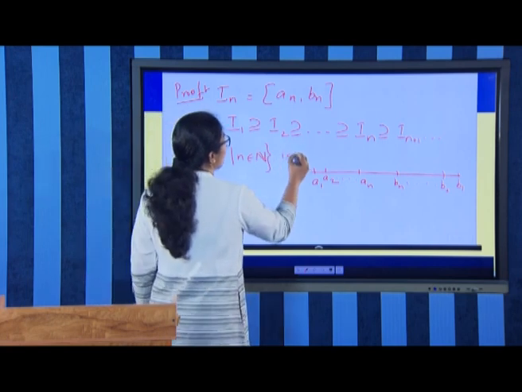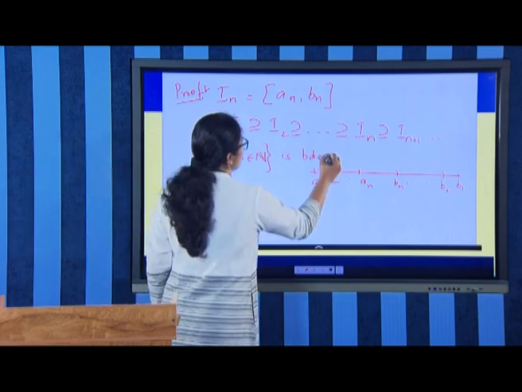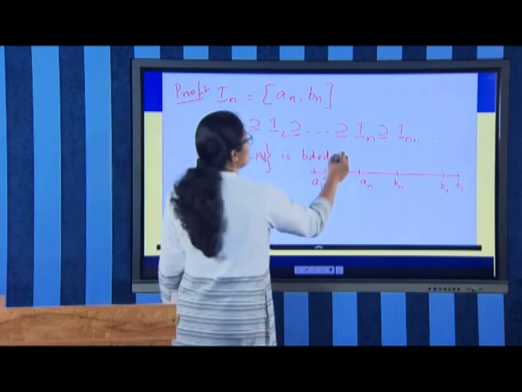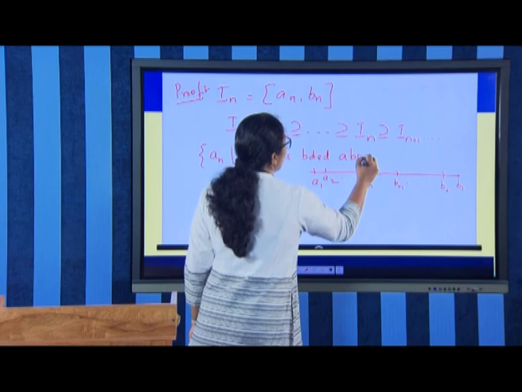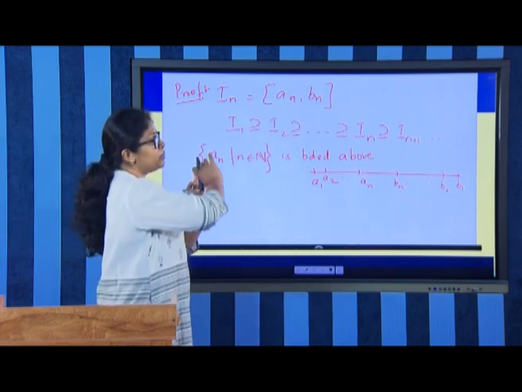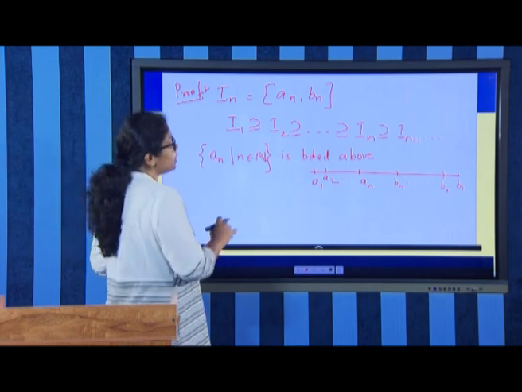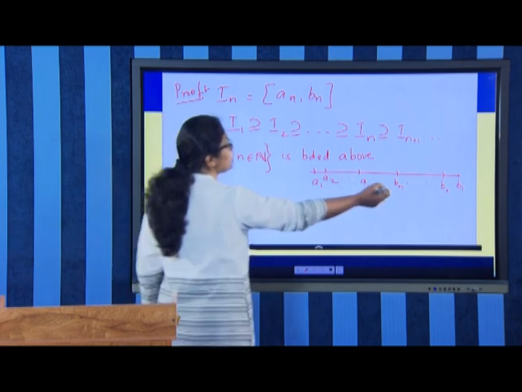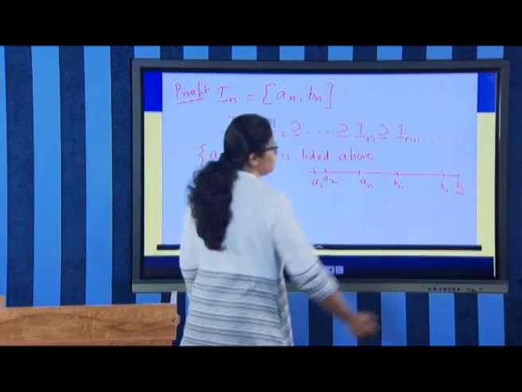This is a bounded subset of R. This is bounded above because we have so many right endpoints on the right side of this. Since I1 contains all this, it is bounded above at least by B1.